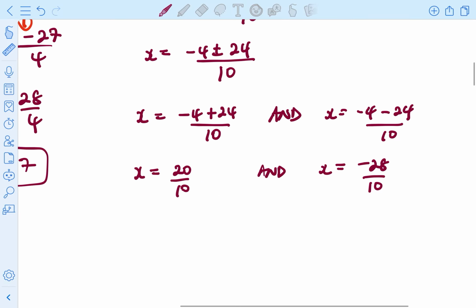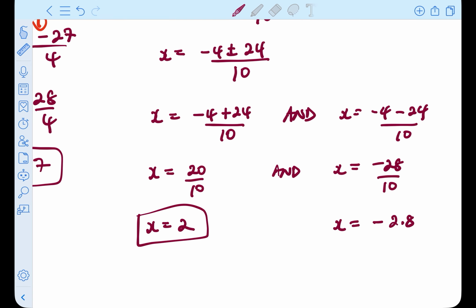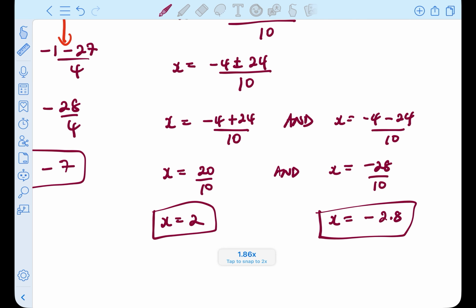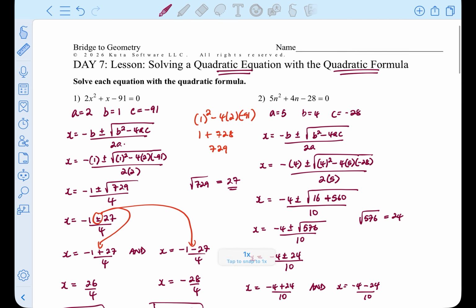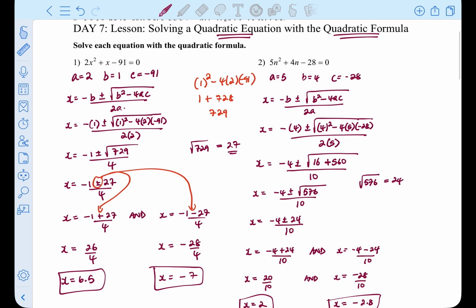So x will be equal to 2, and x will be equal to -2.8. And these are our two solutions, okay? I'm going to pause here for a little bit just to make sure that you guys can see what's going on.